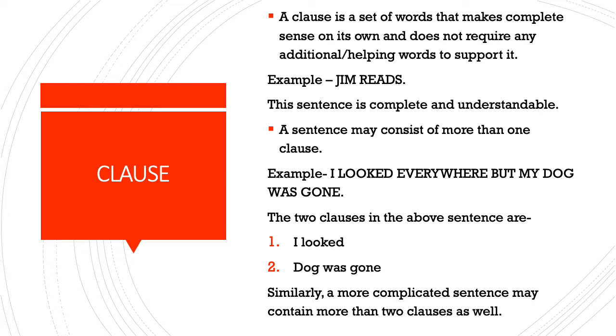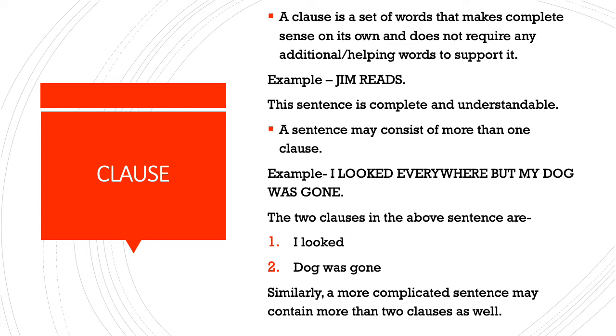So what did we learn in clause? We learnt that a clause has a subject and a verb and it will be complete in itself. Now in this particular sentence, I looked everywhere but my dog was gone, there are two clauses. What are they? I looked.